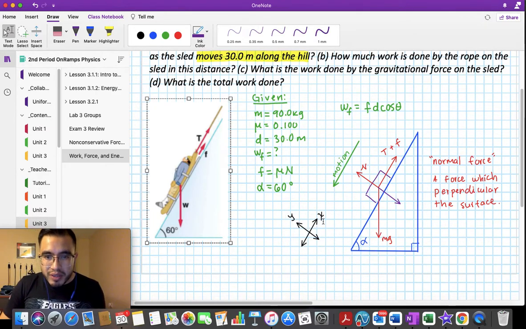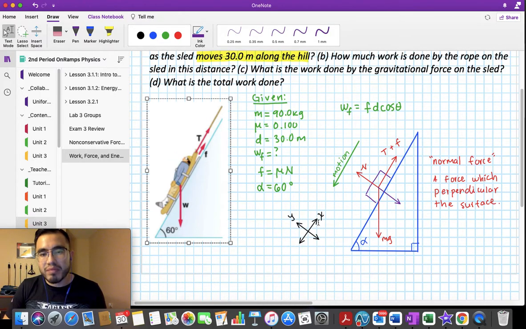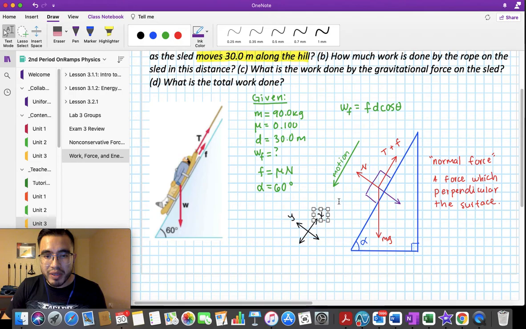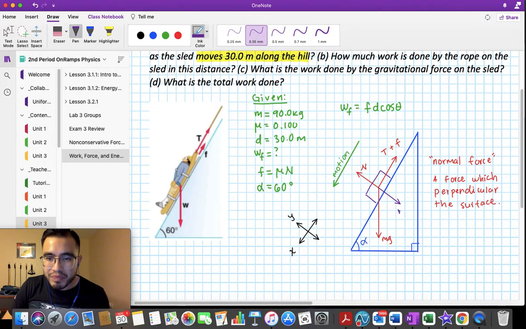Notice how the motion is down the incline, right? And we'll make this one positive x, because the motion is down the incline. So this is the component of gravity, which is perpendicular to the surface, or I call it mgy, the y component of gravity, right? Because this is the y-axis, so this matches the y-axis. So we'll say this is mgy.